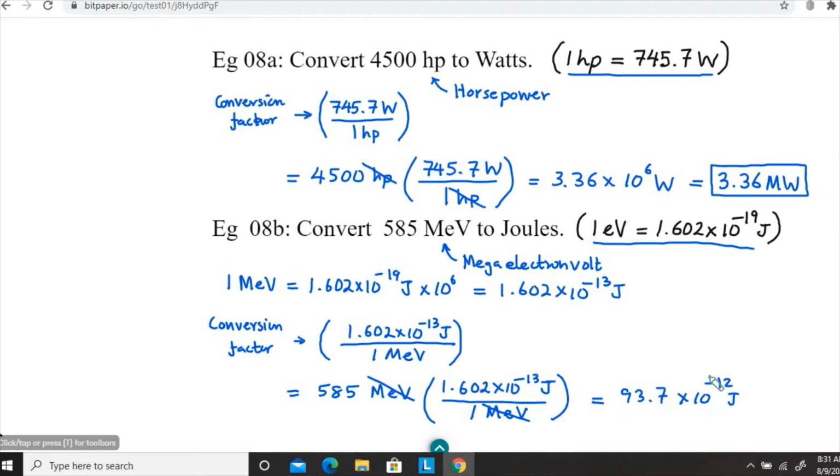Now again, you can use the prefix pico instead of 10 to the power minus 12. So you can write this as 93.7 picojoules. So that's how you do this second example, or example 8b.